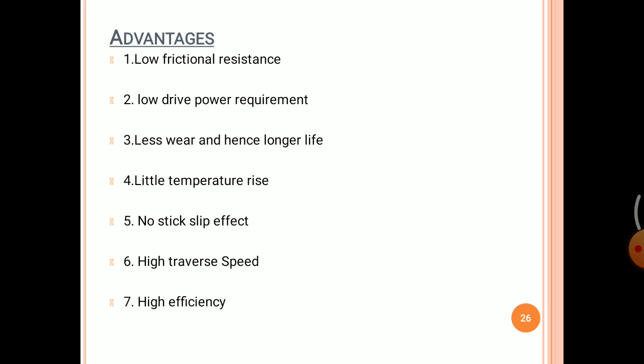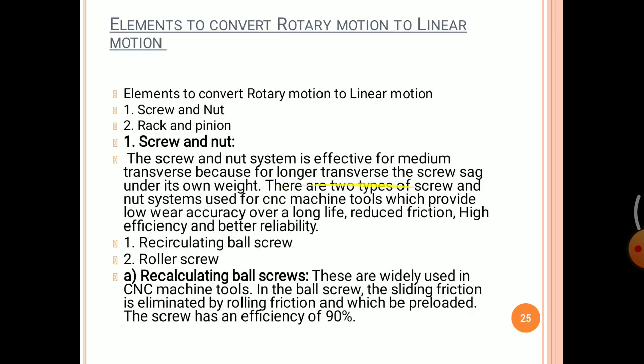As there is rolling contact, there will be less friction, less heat generation, no stick slip effect, high traverse speeds, low frictional resistance, and low drive power requirement. So these are all the advantages of the recirculating ball screws. As we know, if there is sliding friction, there will be more friction, more heat generation, more wear and tear, more power required, and less accuracy.